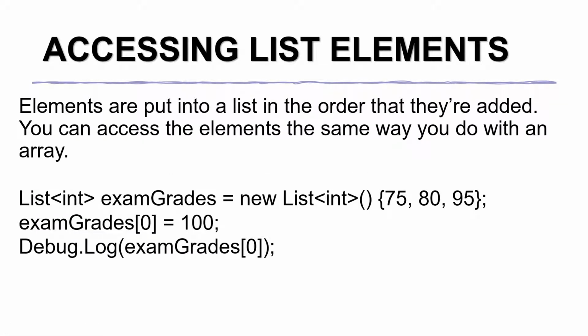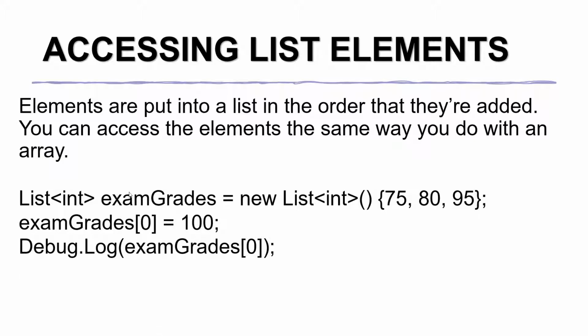We access list elements the same exact way that we access them for an array. I know that we use those weird triangle brackets to declare lists, but we access them with that same square bracket that we used for an array.